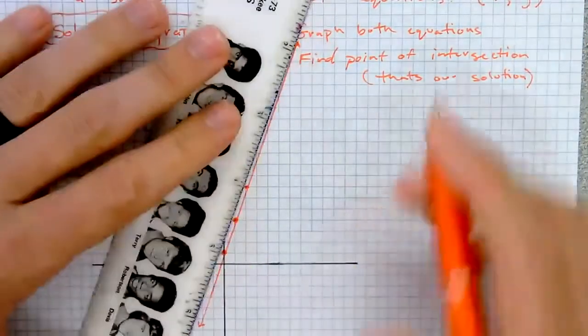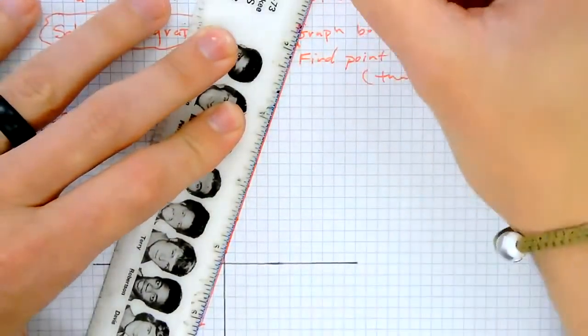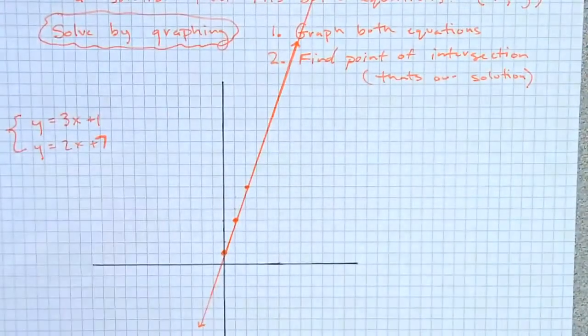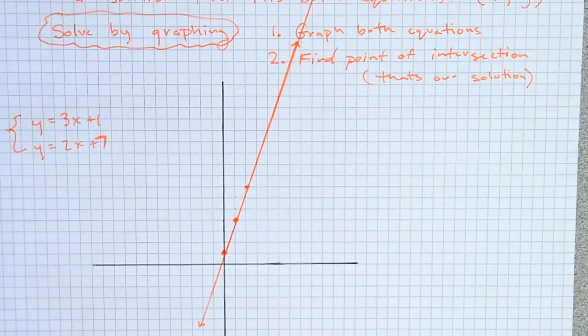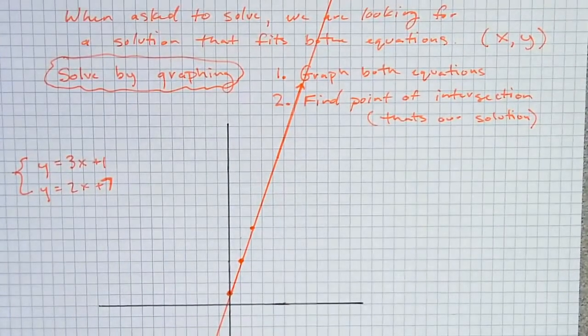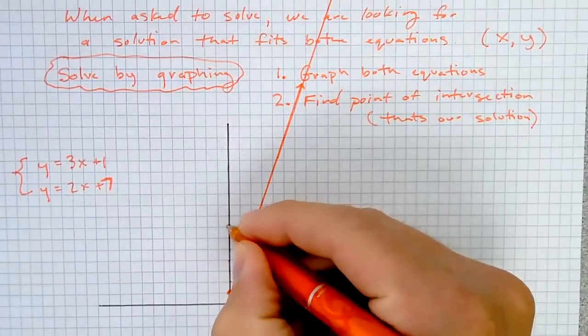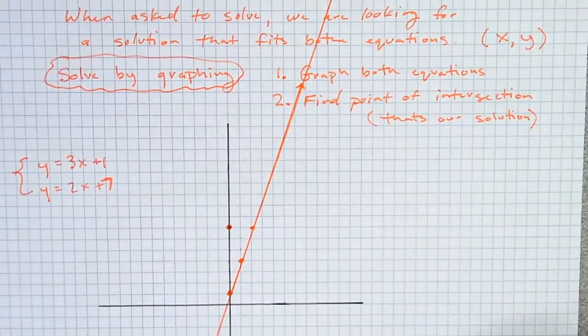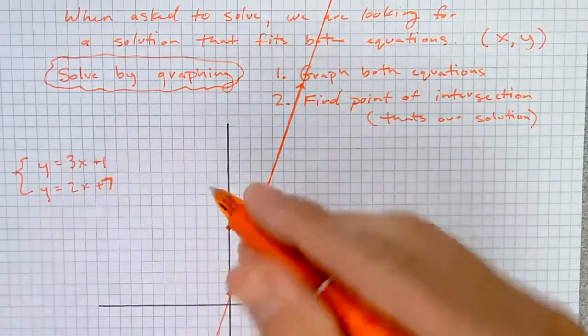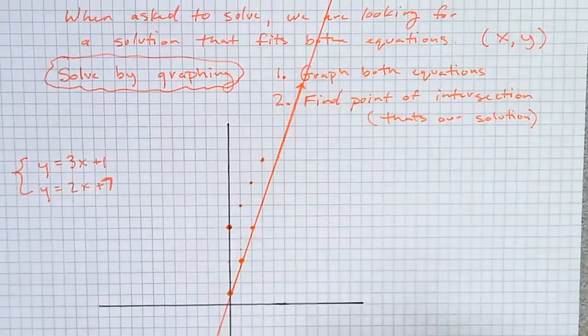I might have to extend this line if I'm being honest. So that's that first line. The second line here, 2x plus 7. So 1, 2, 3, 4, 5, 6, 7. And I have a slope of 2, so I go up 2 over 1 for each one of those.